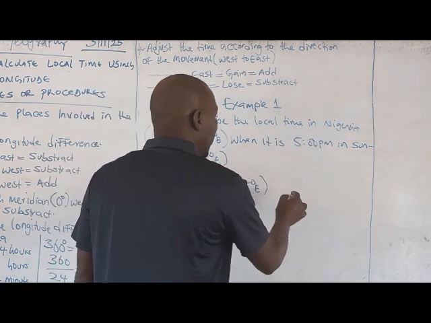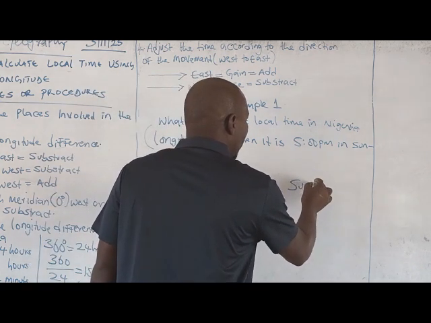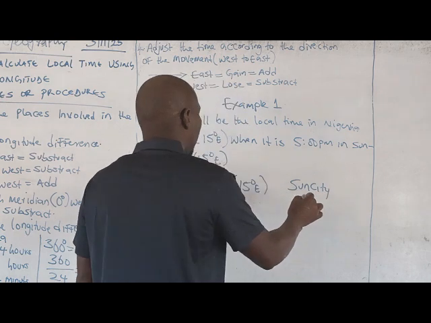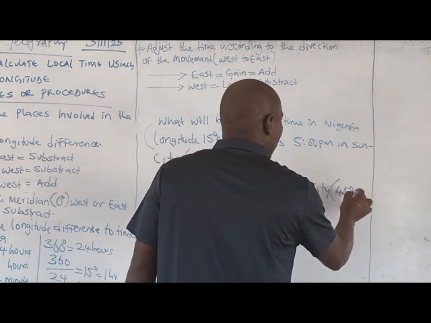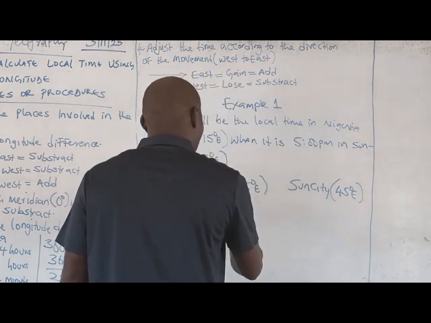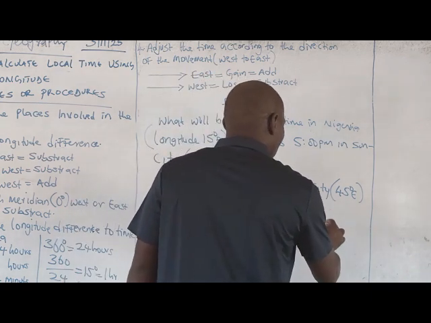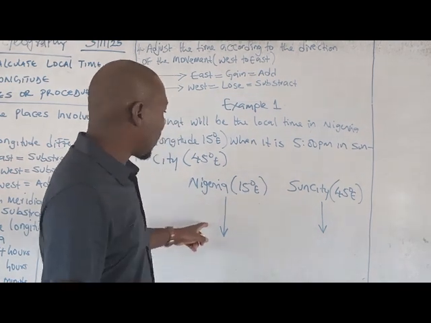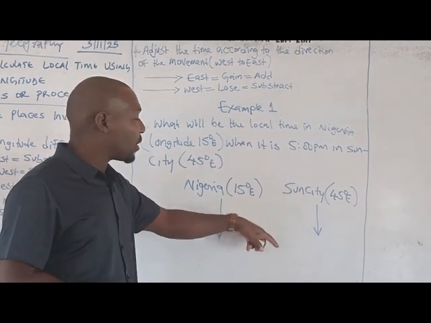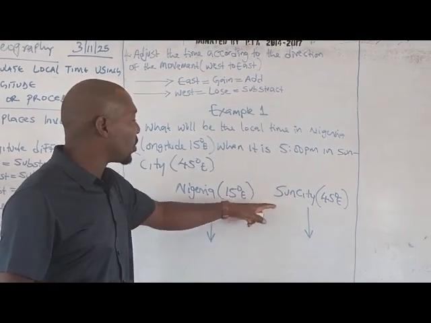Then the other country is Sun City. It has longitude 45 degrees east. What you have to do is draw your arrow down.